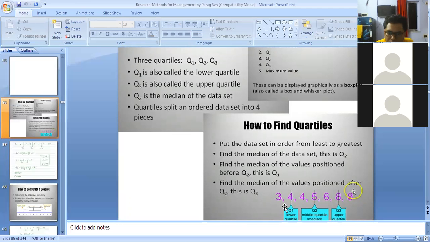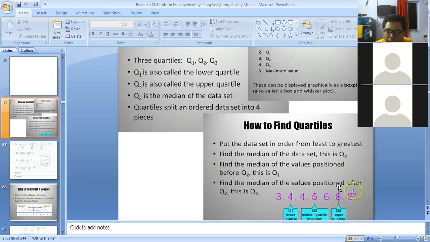For example, in this data 3, 4, 4, 5, 6, 8, 8, there are 7 numbers. Your middle quartile will be Q2, your lower quartile will be Q1, and Q3 will be your upper quartile.